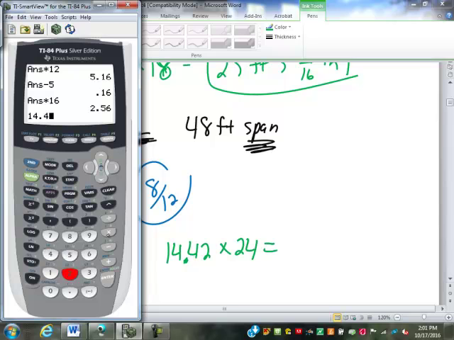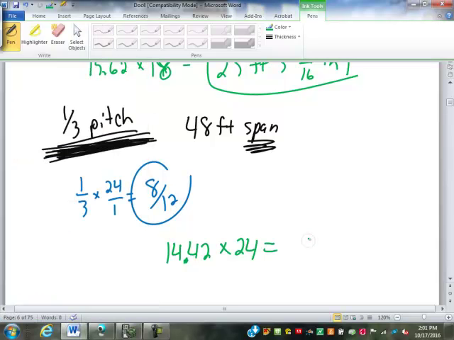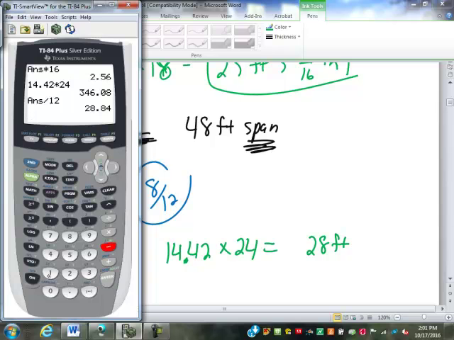I need to be a little gun shy on that one. 346.08, so I'm going to divide by 12. 28 feet. Subtract 28. So I should have subtracted 28 to get to 0.84.